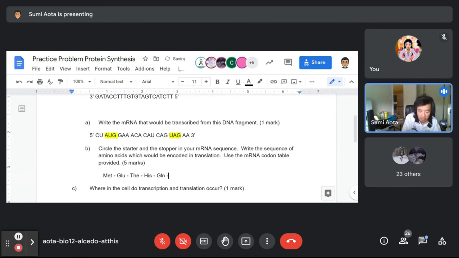And then UAG, which is a stop. So your amino acid sequence should be methionine, glutamic acid, threonine, histidine, glutamine, stop.